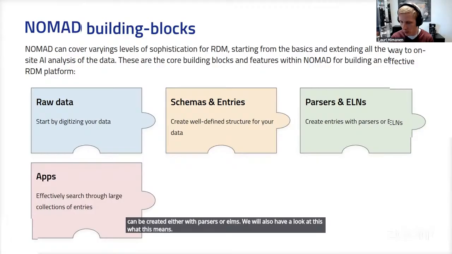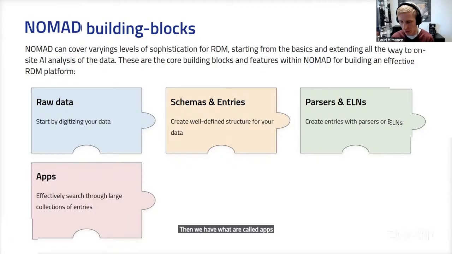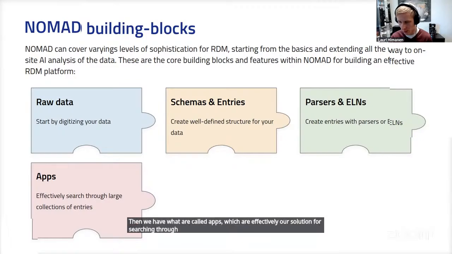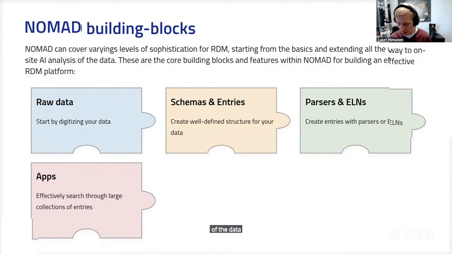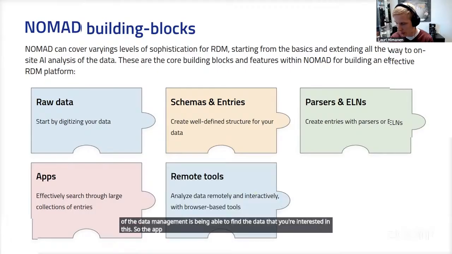Then we have what are called apps, which are effectively our solution for searching through a large collection of data that you might have on your Oasis. I think this is an important part of data management: being able to find the data that you're interested in. So the apps are all about this.